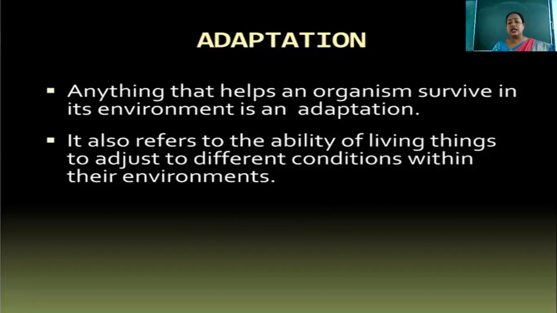Likewise, plants and animals also have the ability to adjust to different conditions within their environment, and this helps them to survive in their habitat. If they are not able to survive, that means they will no more be. So due to developed characteristic features and the adjustment to different conditions, an organism is able to survive in its habitat.